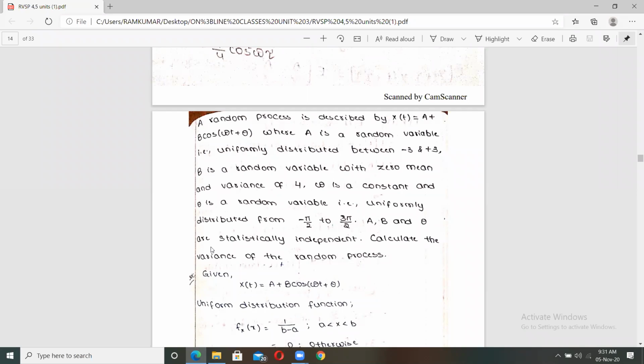Definitely he has to give one of these models in any set, right? Already we saw in the previous paper, these models are given straight away. If you practice these problems, you will get 14 marks easily.